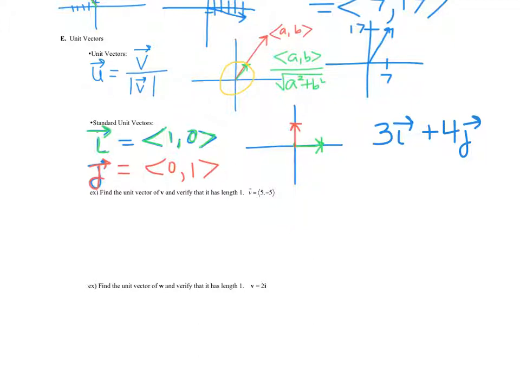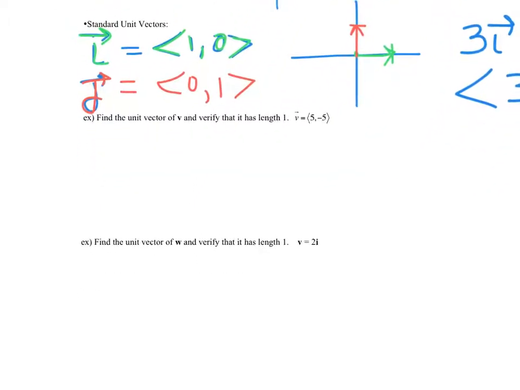Vector 3i plus 4j is the same thing in component form as vector 3, 4. Why do we need two ways to write it? I don't know. Which way do you like better? I like component form. It's just like there's i's and j's and a plus in the middle. But if you were to plug in 1, 0 for i and 0, 1 for j and add these up, you would get 3, 4. I could show you that, but I'm not going to do it.